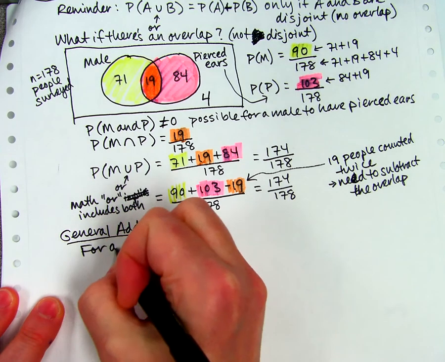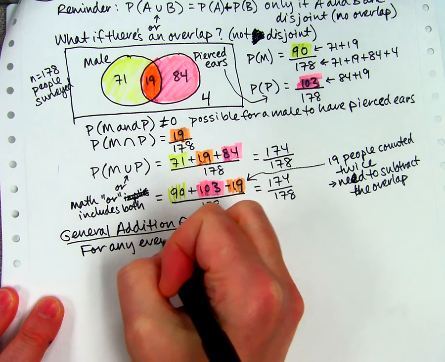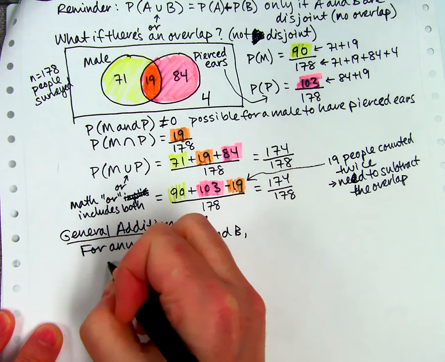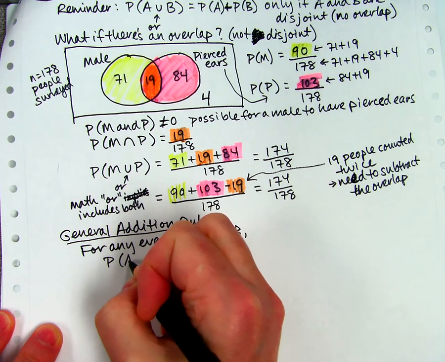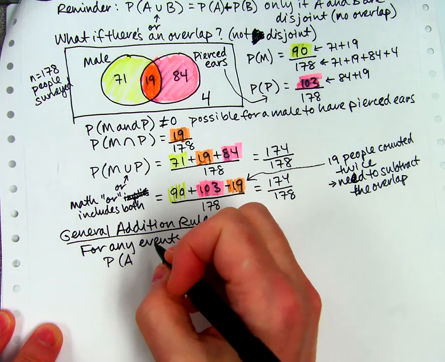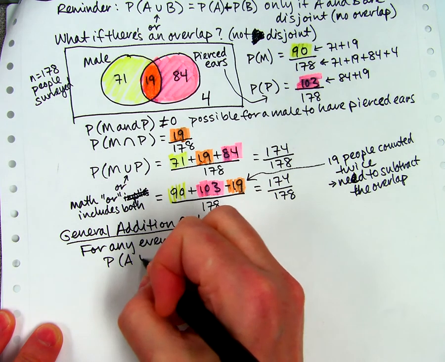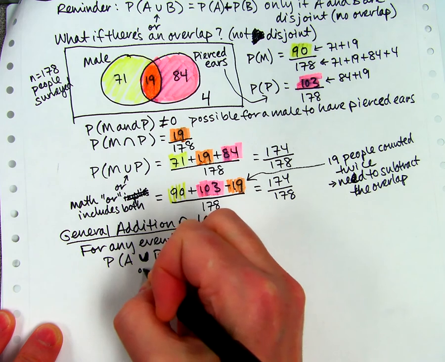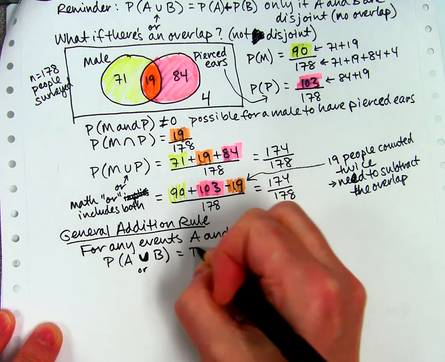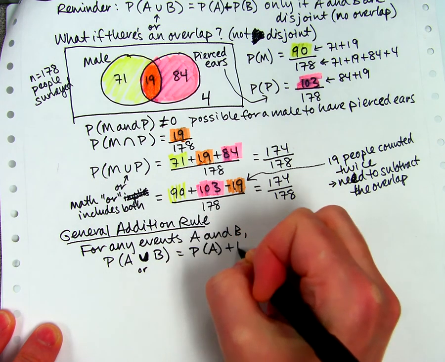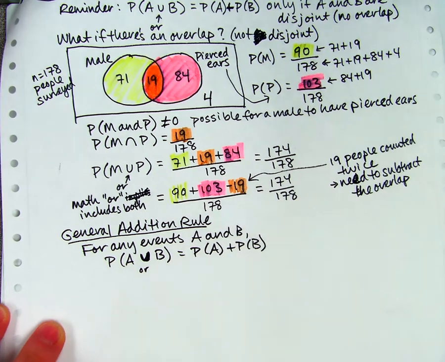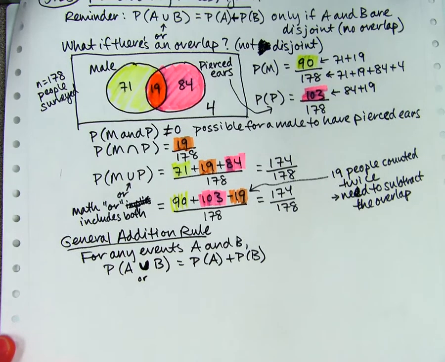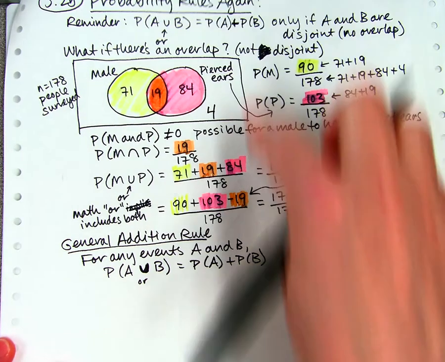For any events A and B, the probability of A or B, oops, that's a U without the tail, don't forget that means or, is the same as the probability of A plus the probability of B. If you stop there, you're assuming it's disjoint, but I don't want to assume it's disjoint, so I don't want to use that formula, which is what I just wrote down.